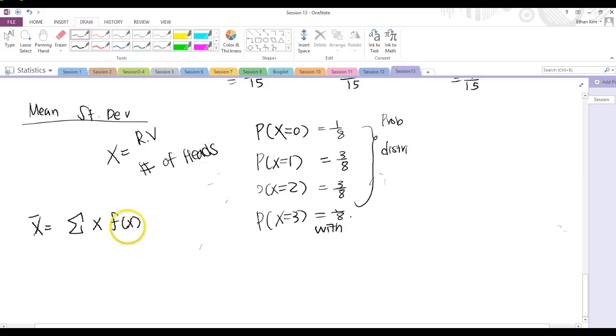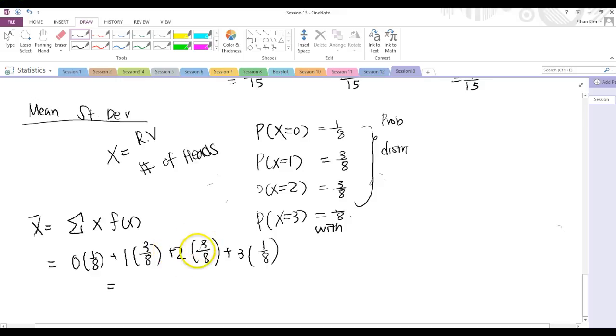So doing that, it's going to be 0 times 1/8 plus 1 times 3/8 plus 2 times 3/8 and 3 times 1/8. So if you do that, what do we get? It's going to be 3, 6, 12 over 8, or better yet, 1.5. This is our mean.